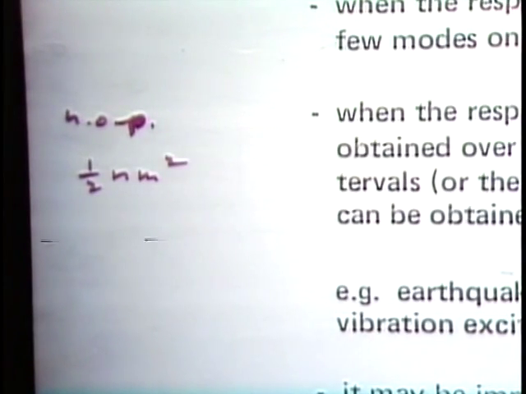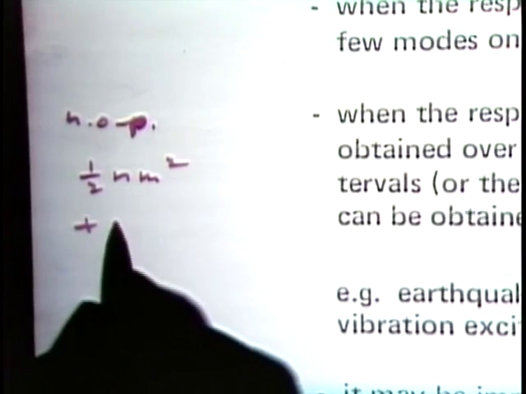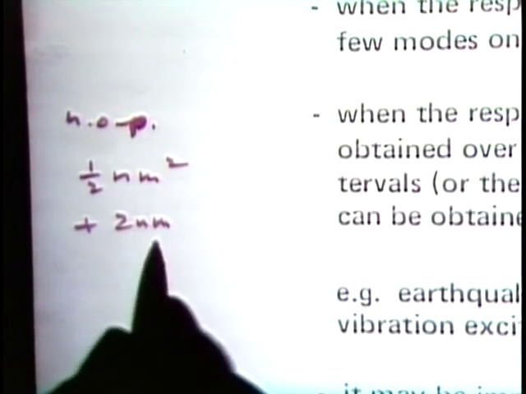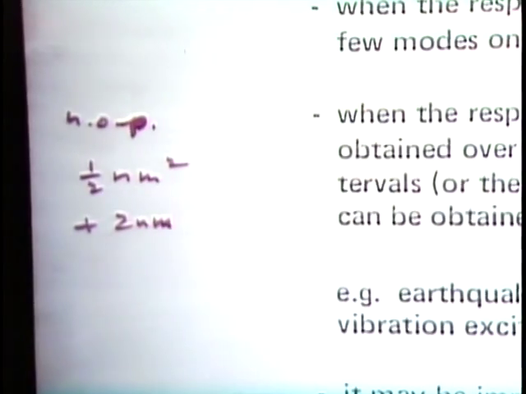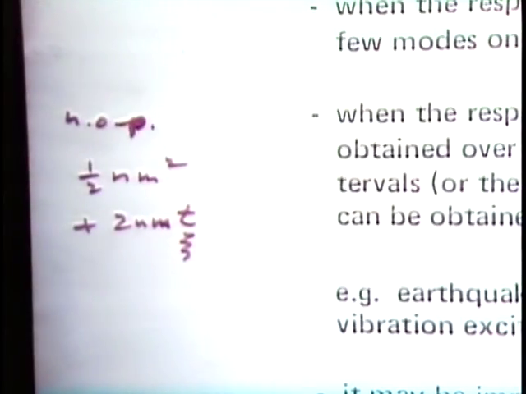That is the initial triangular factorization that we have to perform, m being the half bandwidth, plus 2nm. N is the order, of course, of the system. M is the half bandwidth once again, times t, times the number of time steps.